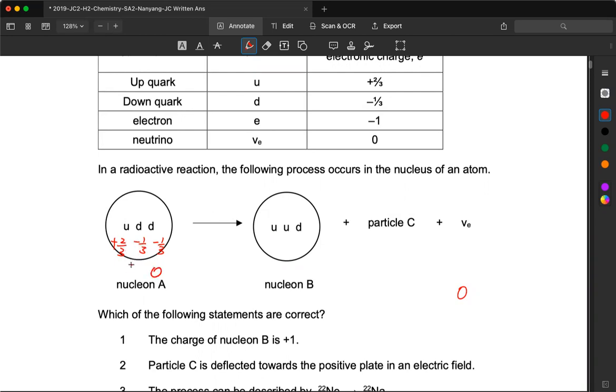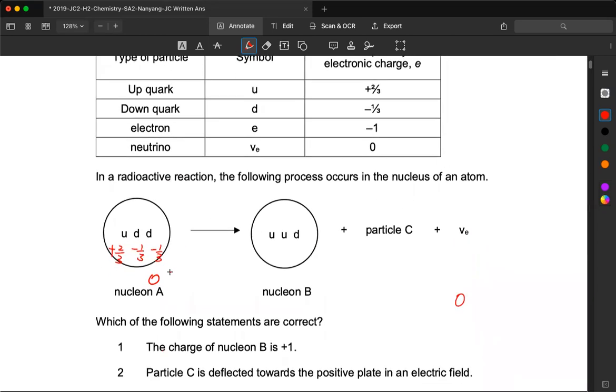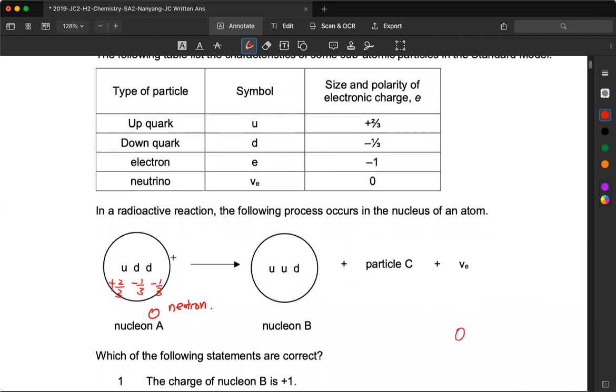So this one has no charge, so it's just a neutron, because a neutron has no charge.